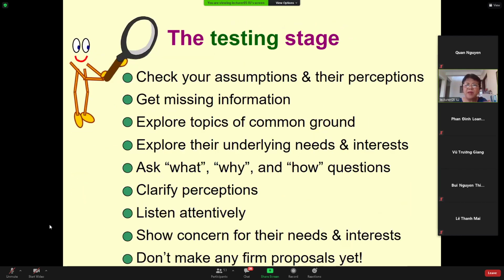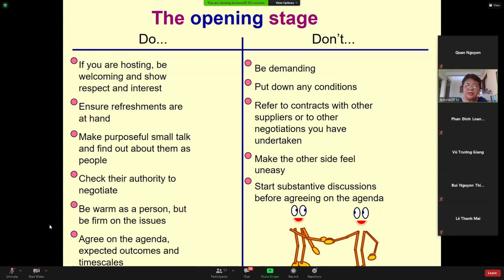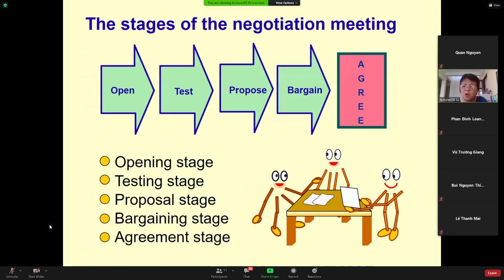You start from the testing stage, and you start from the proposal to start bargaining, to come to the agreement. So the stages of the negotiation meeting go from step 1, step 2, step 3, step 4. Agreement is the final successful negotiation.